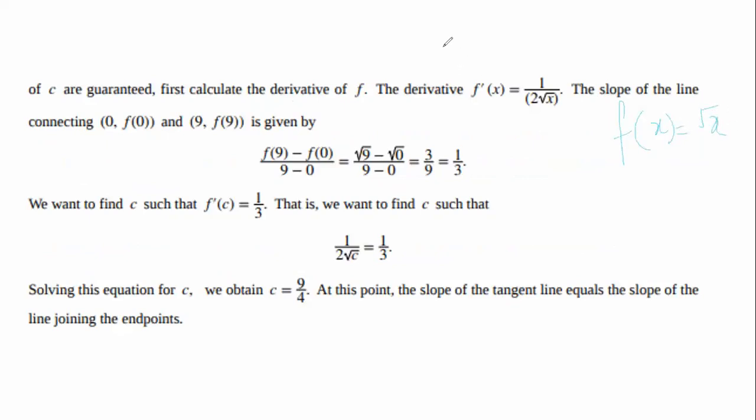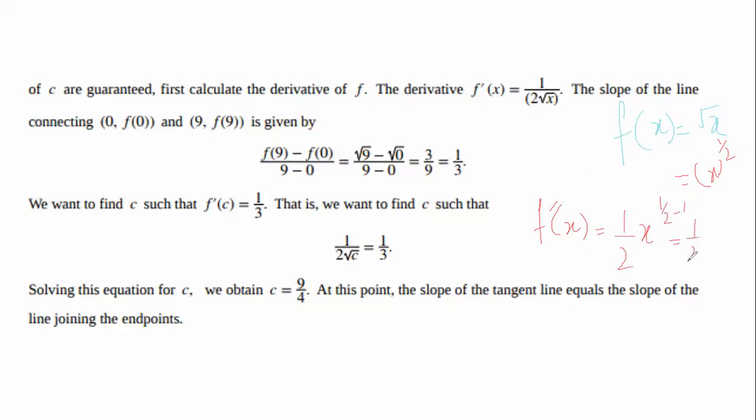So f(x) equals x to the power 1 upon 2. So the derivative f'(x) will be 1 upon 2 times x to the power 1 upon 2 minus 1 according to the power rule.